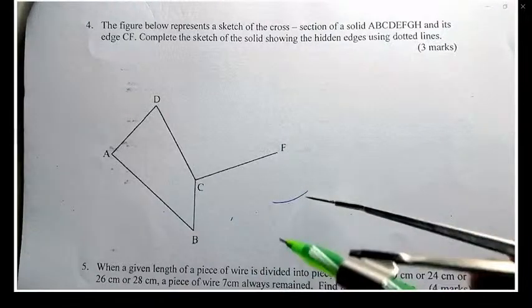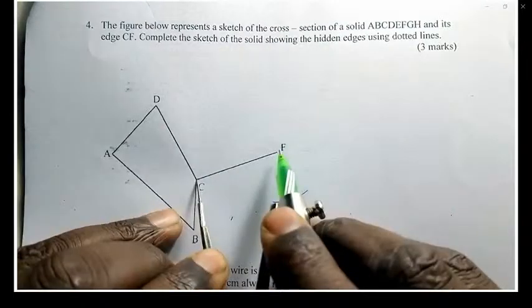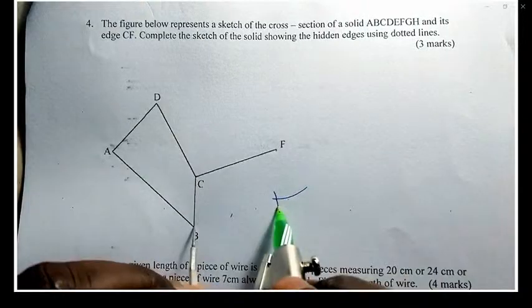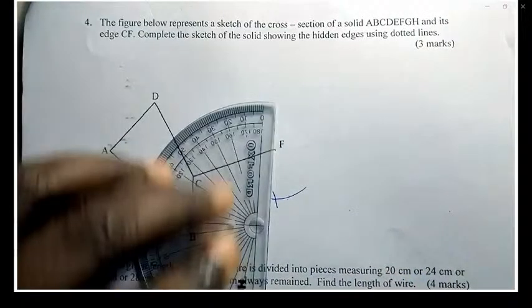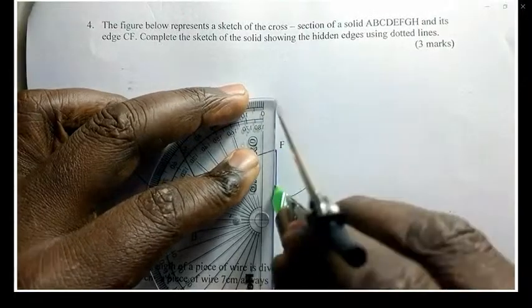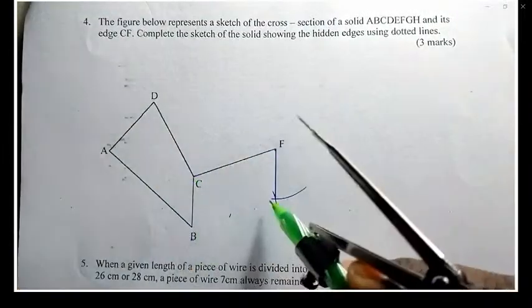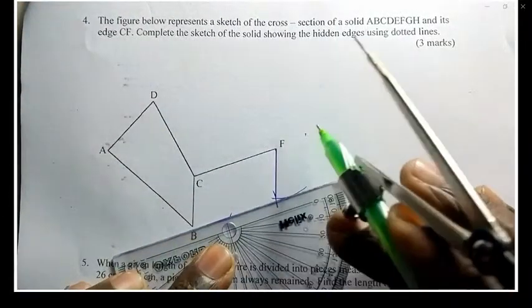Kwa hivyo take this length here, put it here and mark here. So meaning from here it can, tunamaliza hiyo. Hii unasimama pale, unasimama hapa na una join na story inaisha. Hii na hii zinatoshana. Sawa? So weka rula yako hapa.